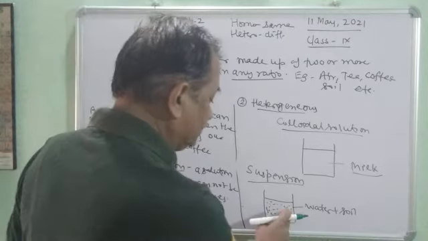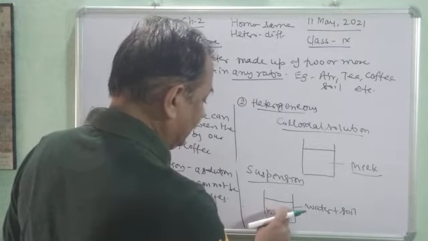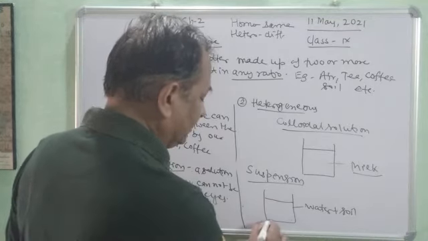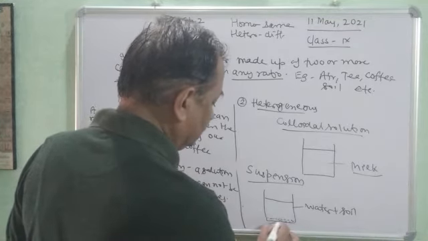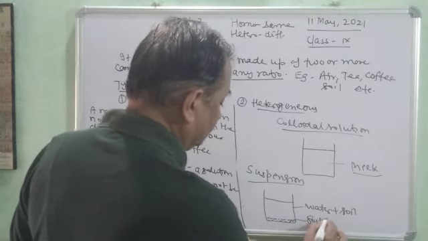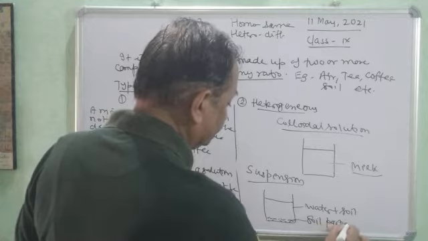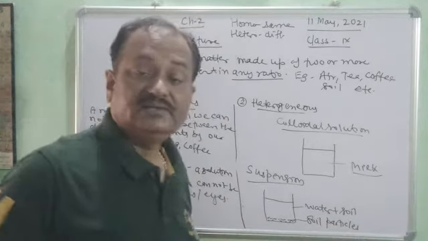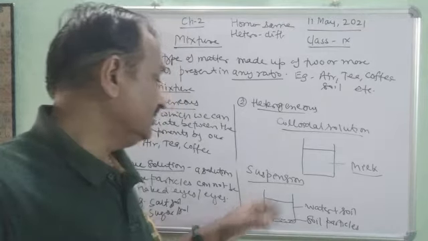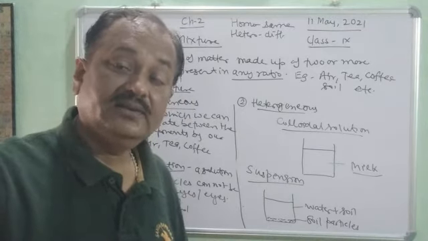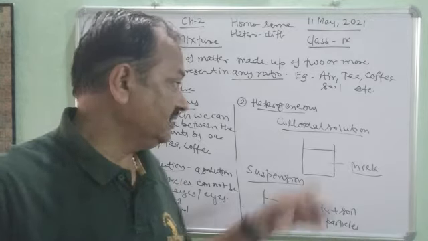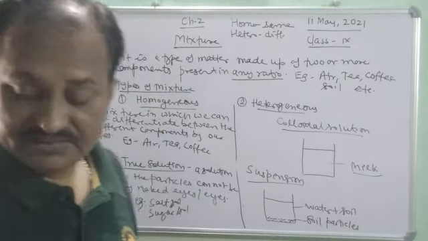The particles of the soil start settling down. These are the soil particles after some time. So it means the suspension is unstable, whereas colloidal solutions are stable.